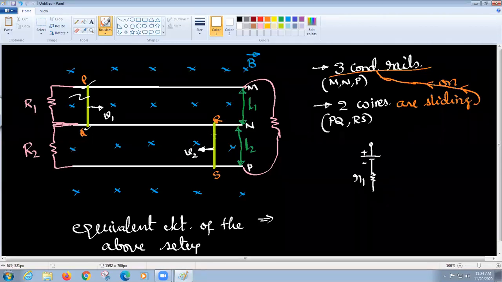Now you have the RS conductor here, right? The RS wire. Now, where do you find the positive potential, at S or R? S, sir. Yes, obviously, that's true.